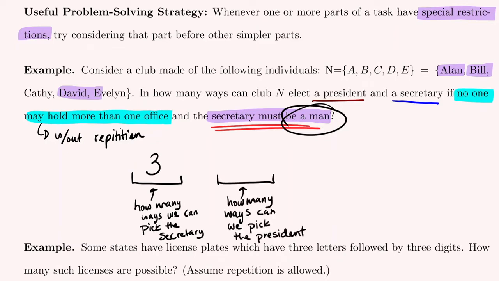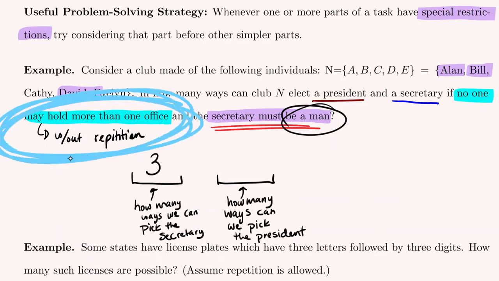Now we've picked the secretary. The next decision that comes to play is how many ways can we pick the president? Now, once we've chosen our secretary, we know it's one of the 3 men in the club, so it's either Alan, Bill, or David has been chosen as the secretary. How many people are now available to be chosen for president, keeping in mind that nobody can hold more than one office?